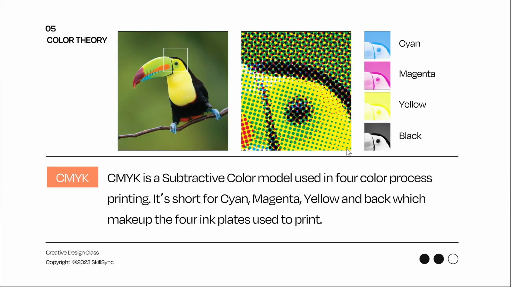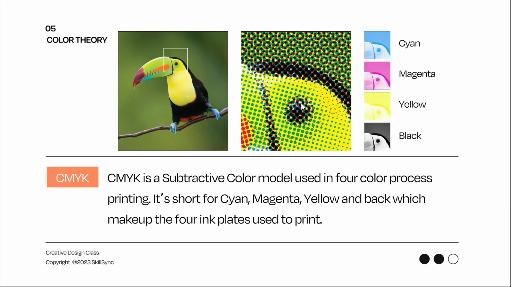Now we talk about CMYK. This is a subtractive color mode used in 4-color process printing. So it uses cyan, magenta, yellow, and black. So you see that this picture here, when you zoom in, it's made up of yellow, you see cyan here, you see magenta, and you see black.